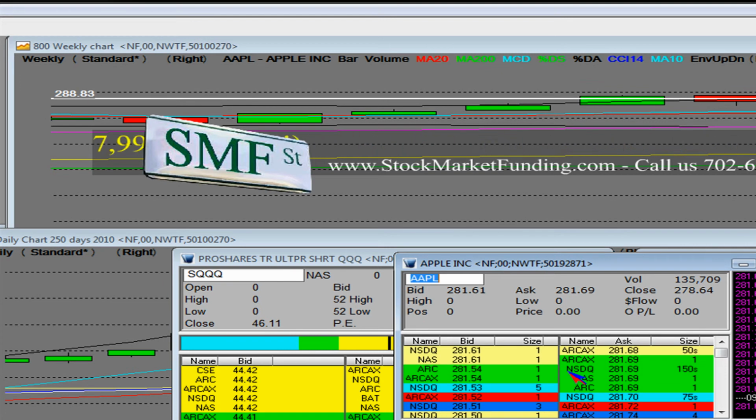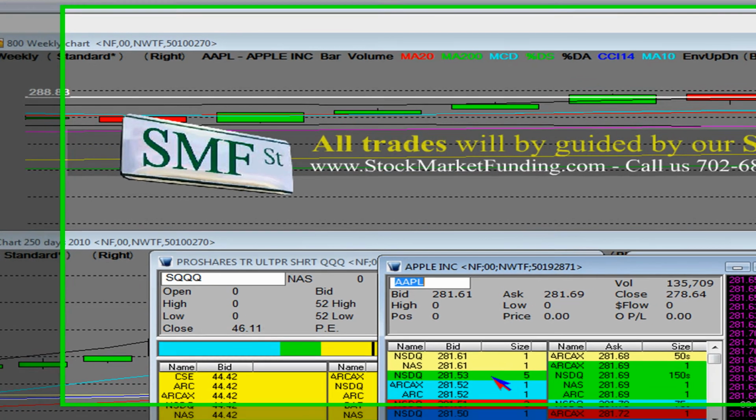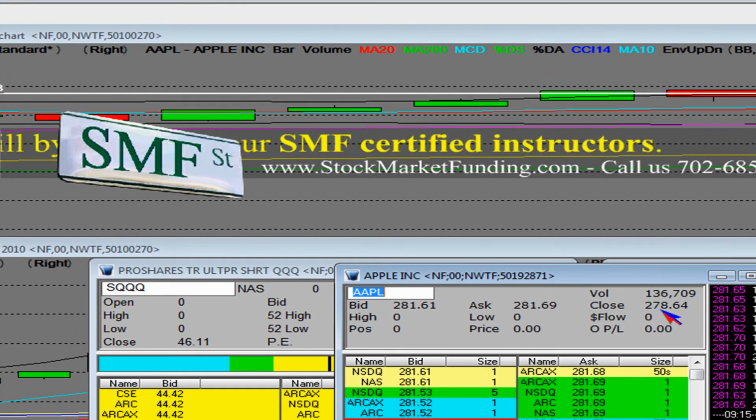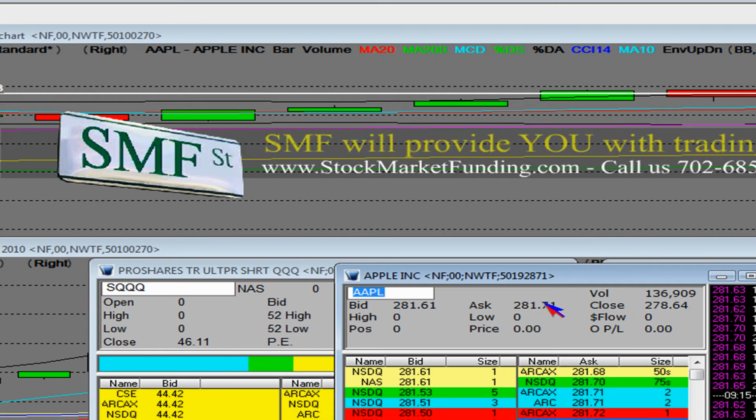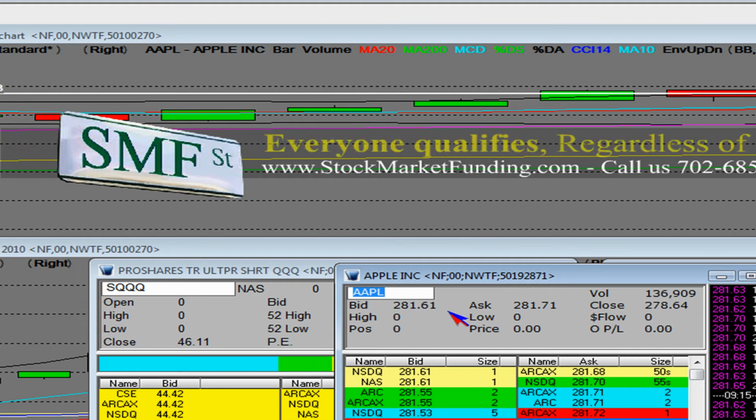There's only 135,000 shares here, but what do I mean by artificial? That meant that was the closing price at 64 cents, and it's gapping up above that price. The market hasn't even opened yet. This is pre-market, and you don't even have to have any buyers to gap the price.